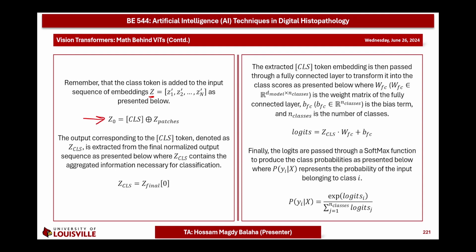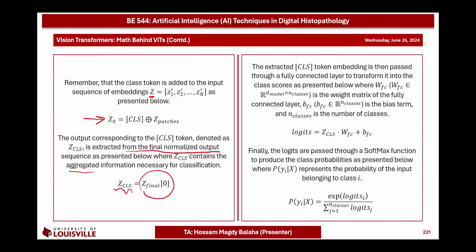And after the encoding, we need to extract it. So the CLS token is extracted from the final normalized output from the beginning, because initially we prepended it to the sequence of embeddings. So Z CLS will contain the aggregated information necessary for the classification.